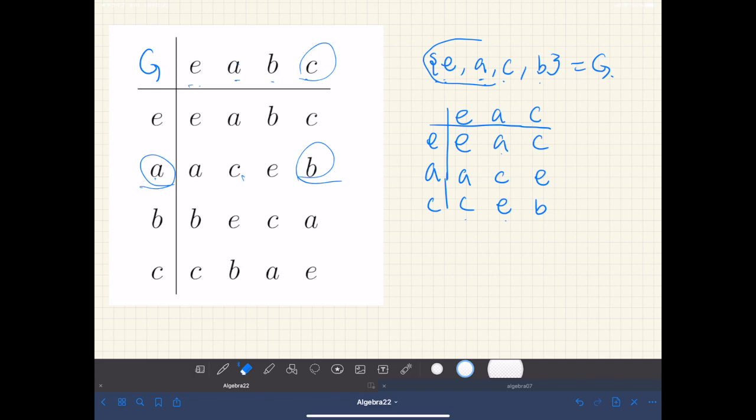So if any subgroup contains the element A, it must be equal to G itself.